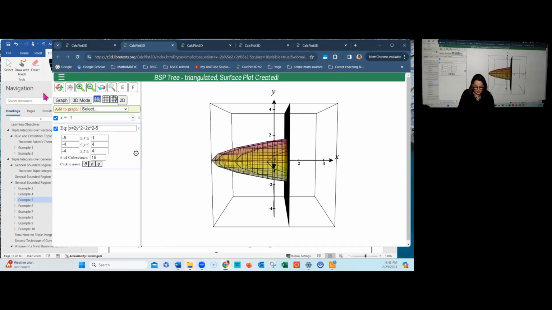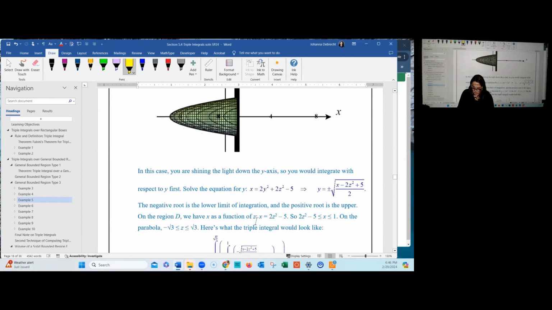When I'm looking at this now, I can solve the original equation for y, which gives me y² equal to 1/2 of the quantity x minus 2z² plus 5. To find the upper half and lower half of the parabola, I take the square root of y², which gives me plus or minus the square root of that value.